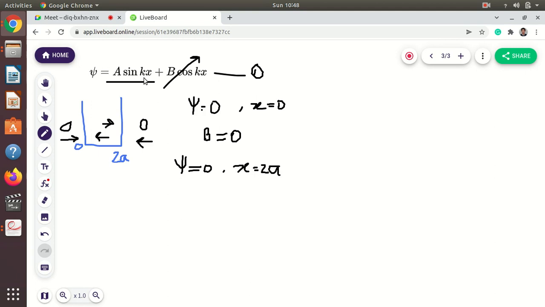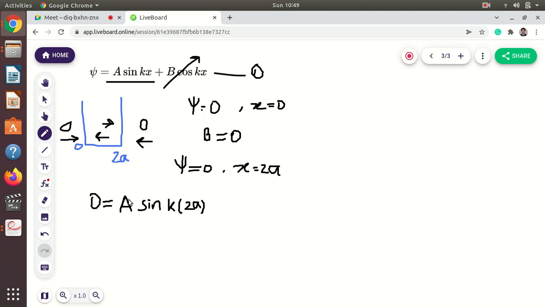Put this value in this equation. So I will get 0 is equal to A sin(k·2a). Instead of x we put 2a. Now there can be two possible conditions. This has to be equal to 0.